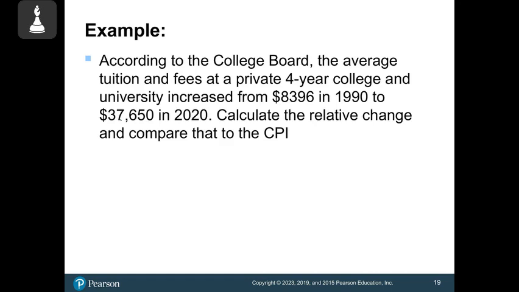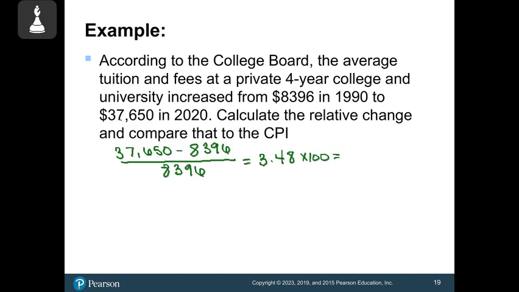So 37,650 minus 8,396. I'm going to take that result and divide by the value I started with, 8,396. If I do that, I get 3.48, which I multiply by 100 to get a relative change value of 348.